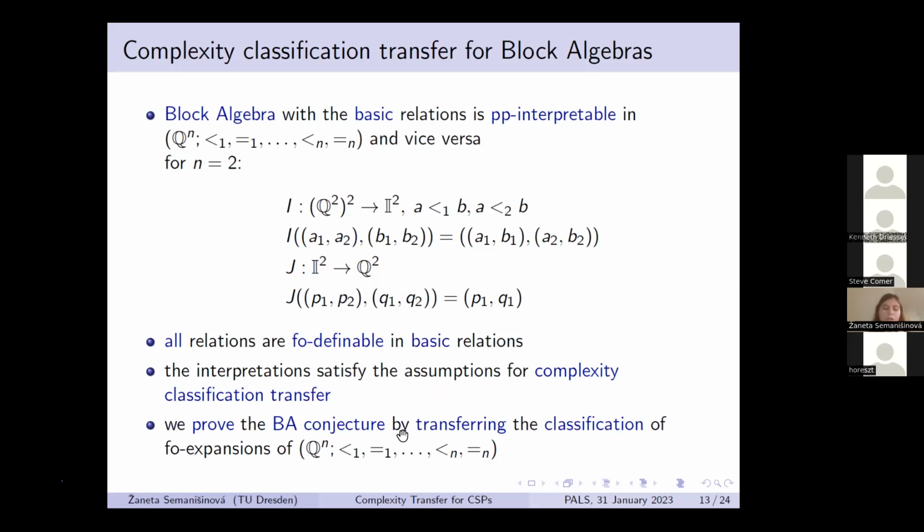So we can prove the conjecture as long as we are able to classify first-order expansions of the nth algebraic power of Q. Of course, we also need to understand what Ord-Horn formulas do over there, but this is the idea: we want to focus on this type of structure.